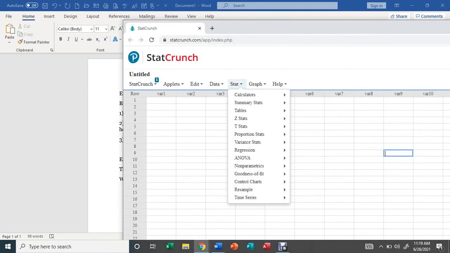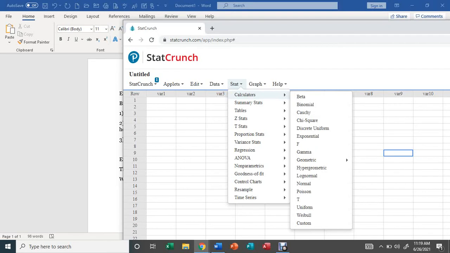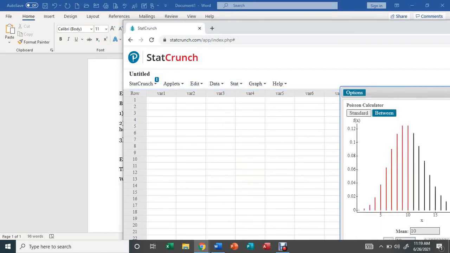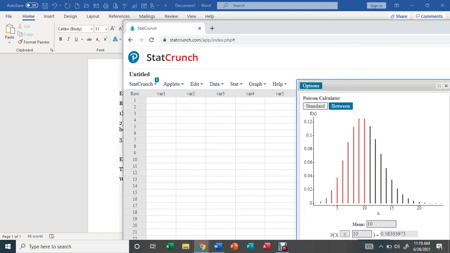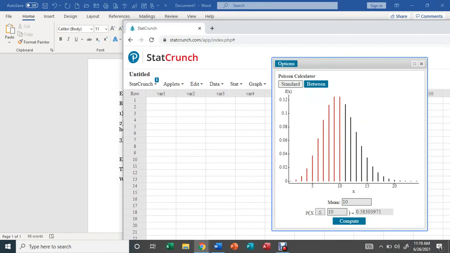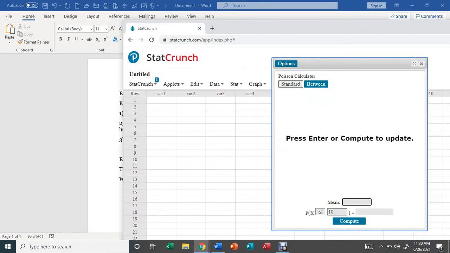We go to calculator, all the way down here to Poisson. So the mean is the rate of birth, and we are told it's 1.7.